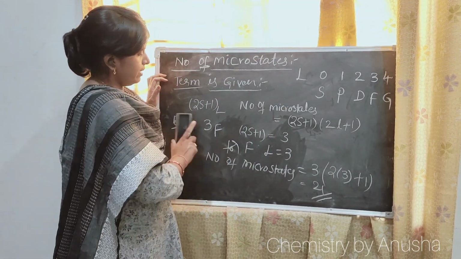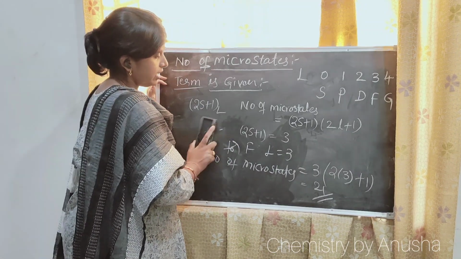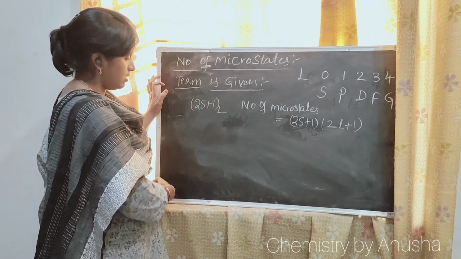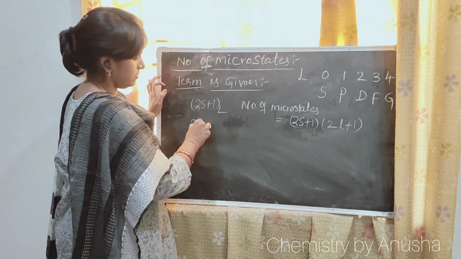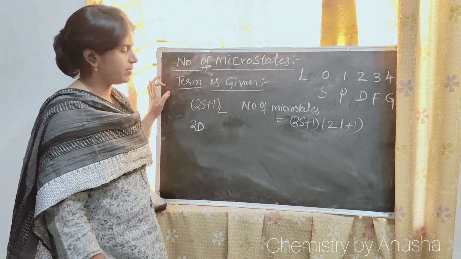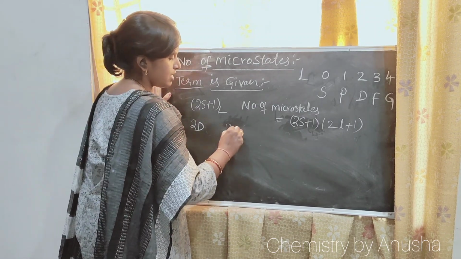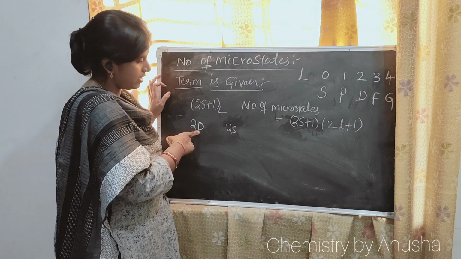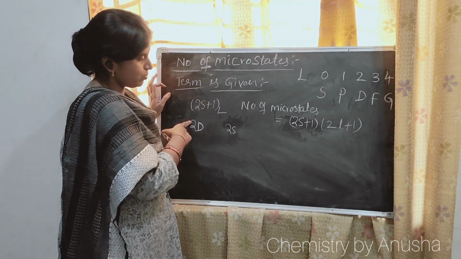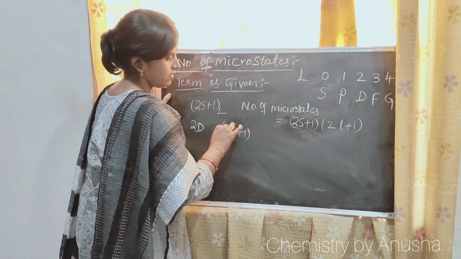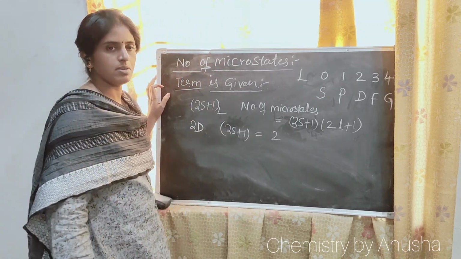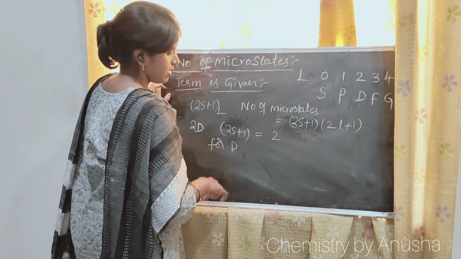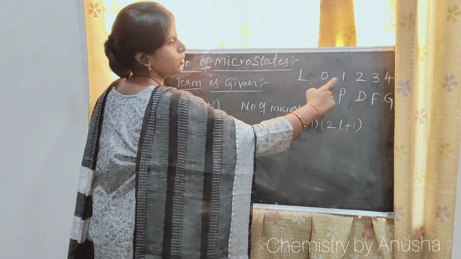One more example, the 2D term. What is the spin multiplicity, 2S+1? For 2D, 2S+1 means 2, so the spin multiplicity is 2. For the D term, what is the L value?